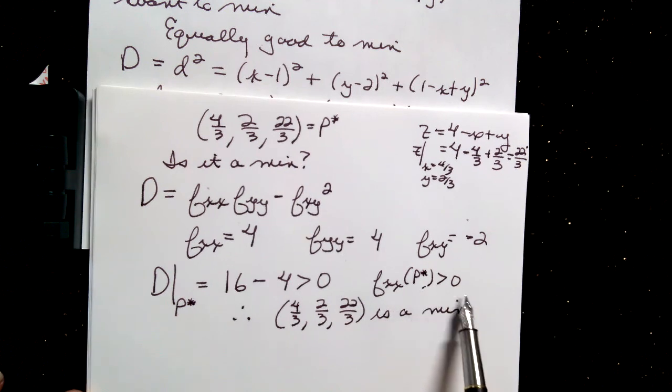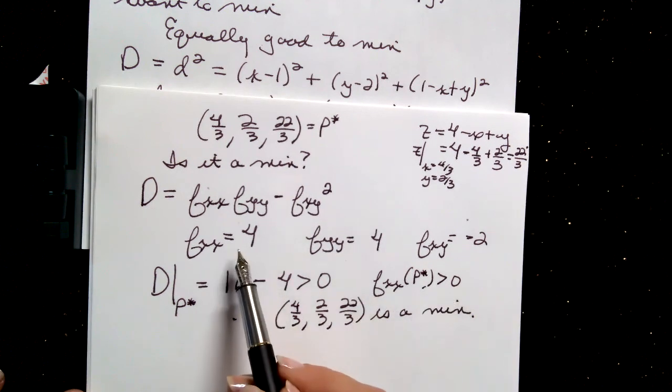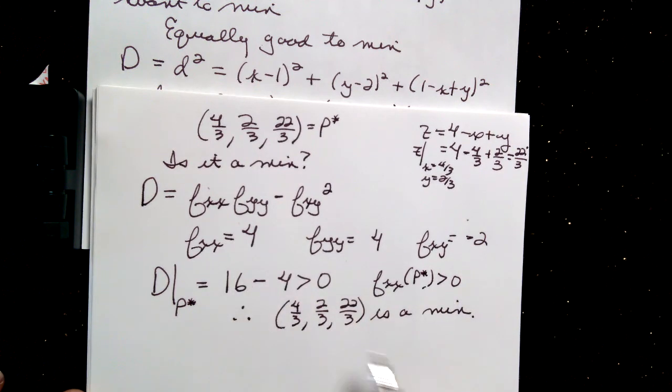And at this critical point, fxx is positive. In fact, at any critical point, fxx would be positive because it's always 4. So if D is positive and the second derivative with respect to x at the critical point is positive, then you're at a minimum. Okay, so that's another example of how you find a minimum distance from a point to a plane.